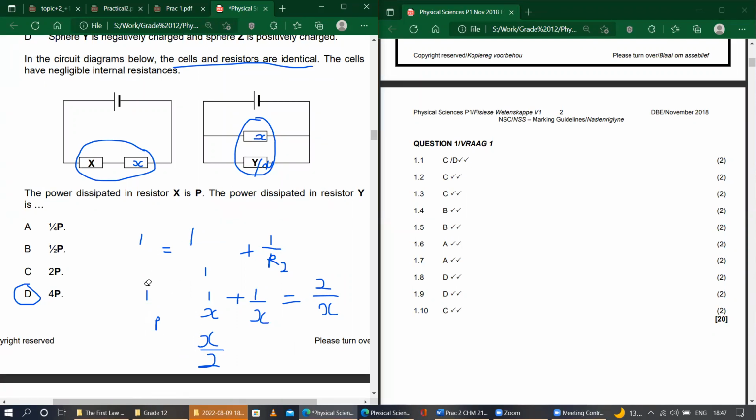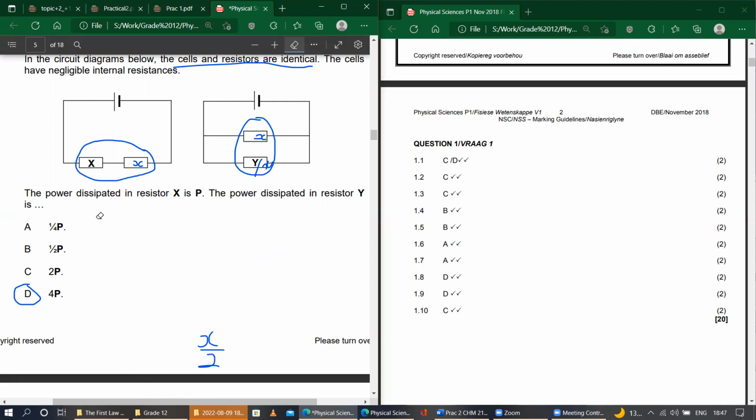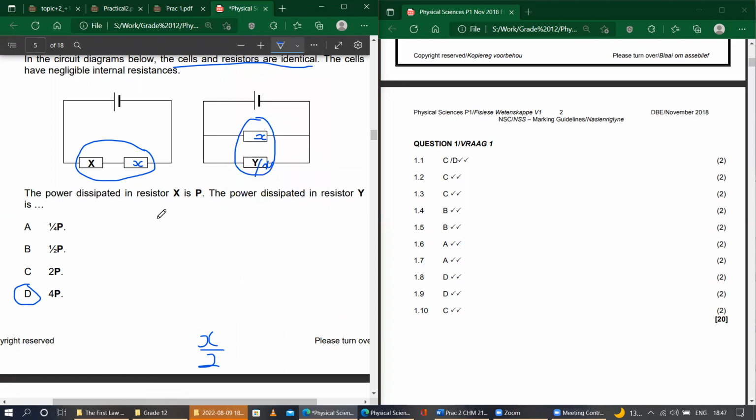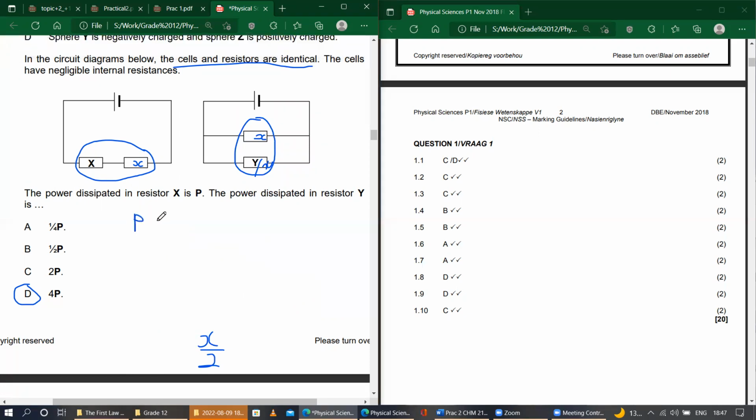So now we have to find the relationship between power and resistance. It's going to be P is equal to IV.